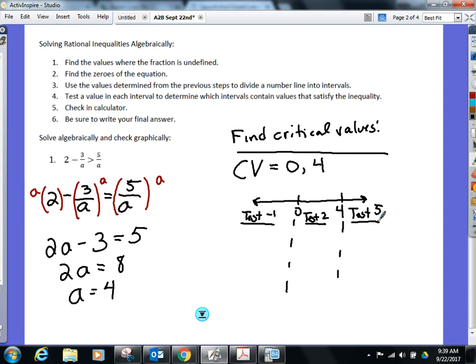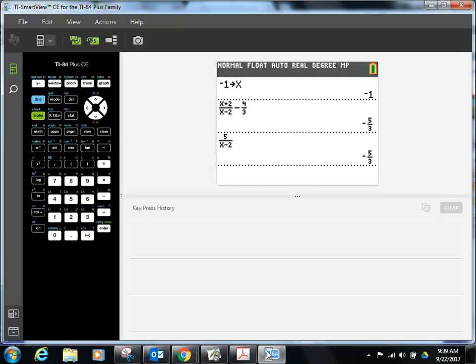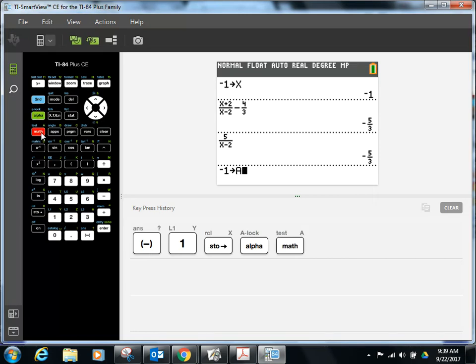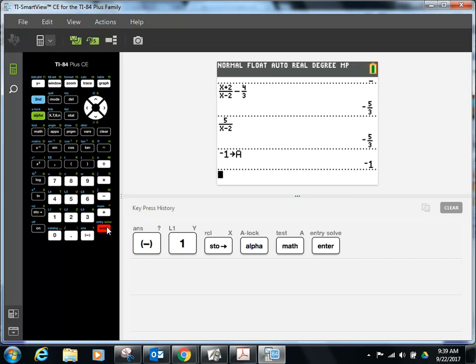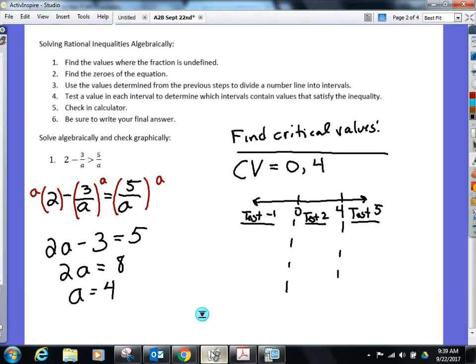Well, how do you test? You take -1, go back to the original inequality, plug it in. And this is why we have our graphing calculators, because what can I just do right now? Store, yep. So take -1, store it in for A. Go to the left side.